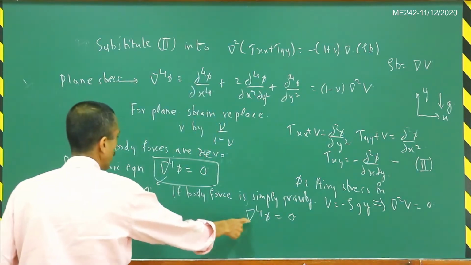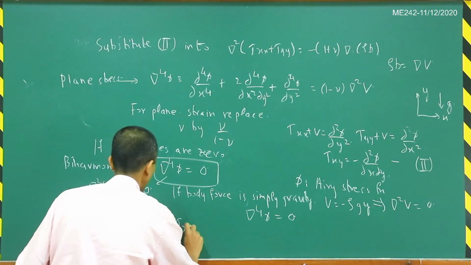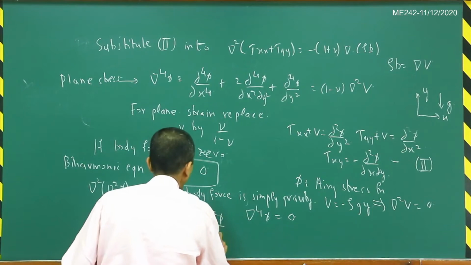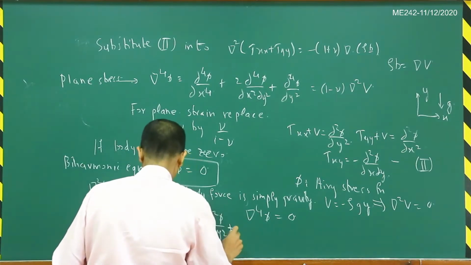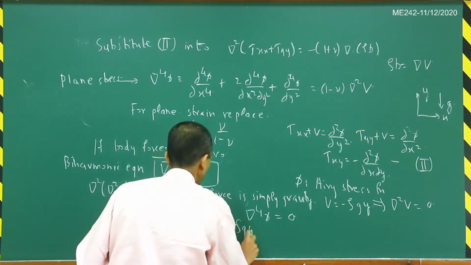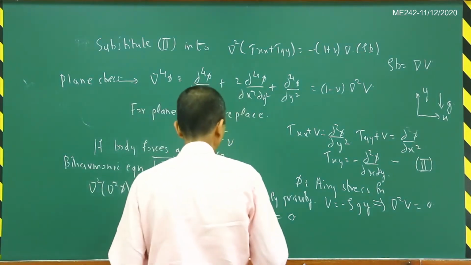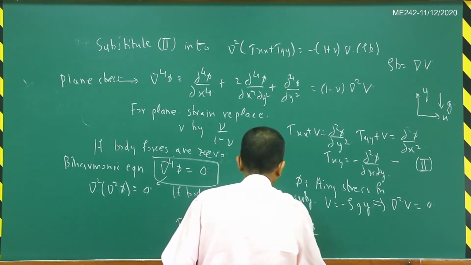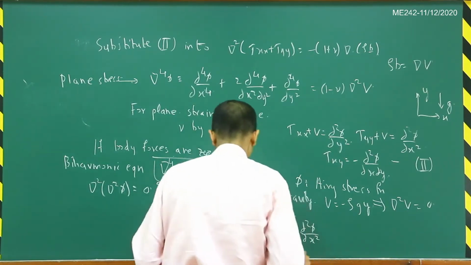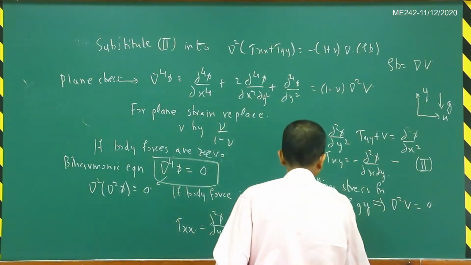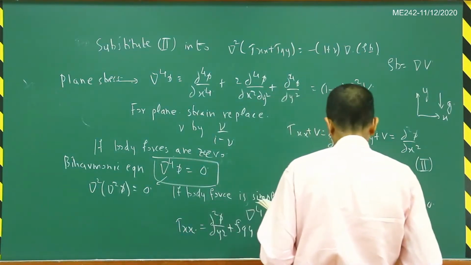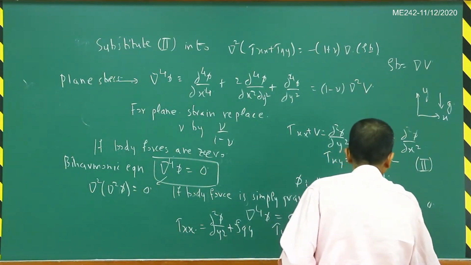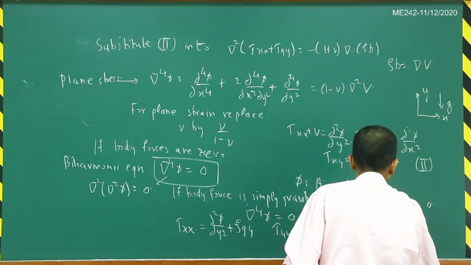So you will get here in this particular case, tau xx is equal to del square phi by del y square plus rho g y, and then tau yy will be equal to del square phi by del x square plus rho g y, and tau xy will be equal to minus del square phi by del x del y.